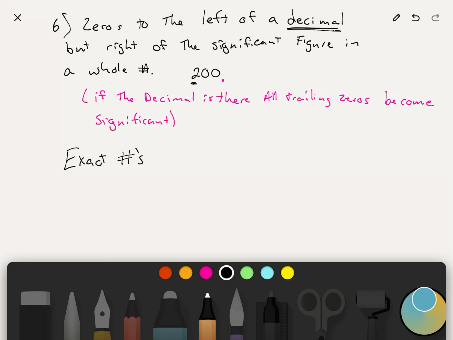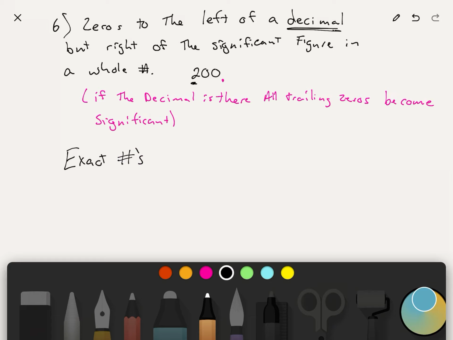So exact numbers carry no significance. They are defined. There are 100 centimeters in 1 meter. So if you're doing a calculation with something like that, that is an exact number. There are 12 in 1 dozen. There are 100 years in a century, or 10 years in a decade, 60 minutes in an hour.